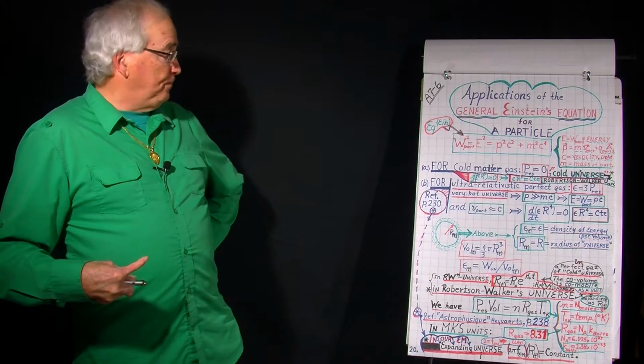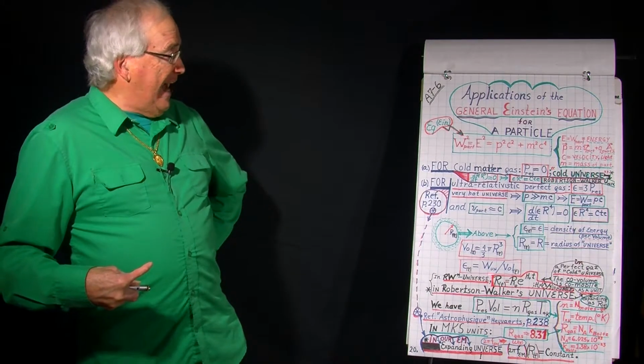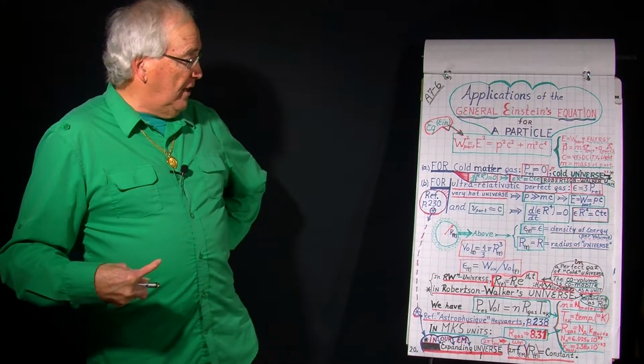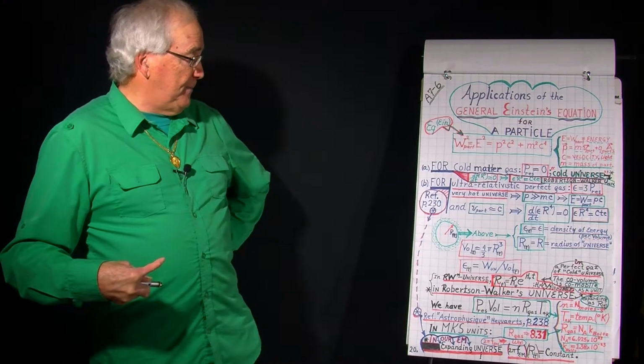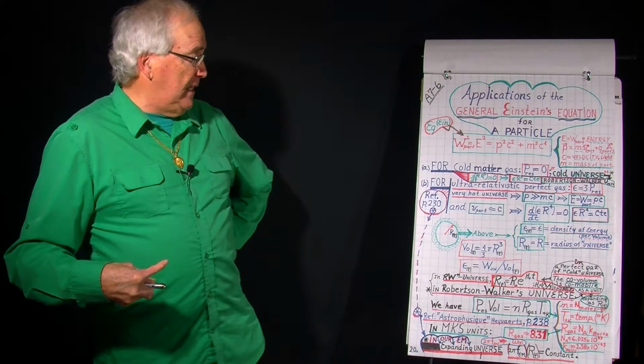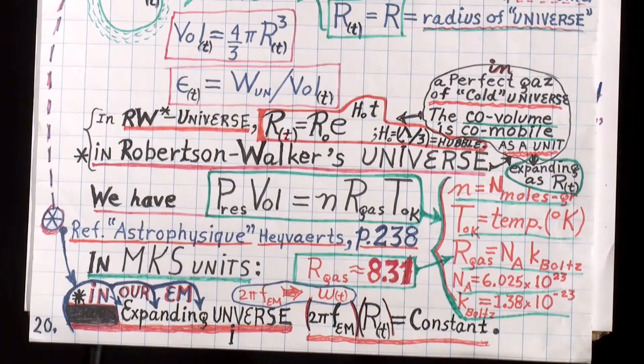So this here is just showing what happens when the universe is expanding. We have the actual radius of the spherical expanding universe given by the radius at the start multiplied by the exponential factor, where e is the base of the natural logarithm, 2.718, and this is to the power of the Hubble constant multiplied by time.